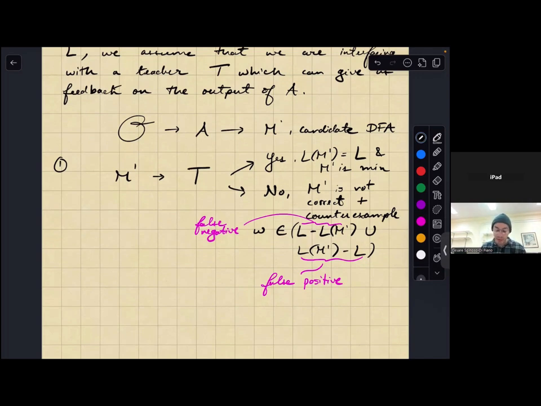The other thing that it can tell us is essentially how to build up the observation table, that is, the string memberships.